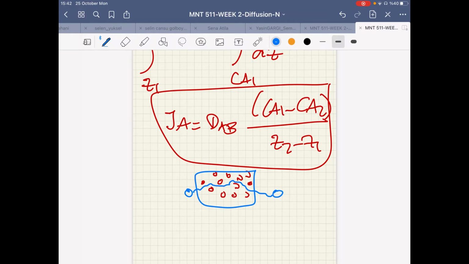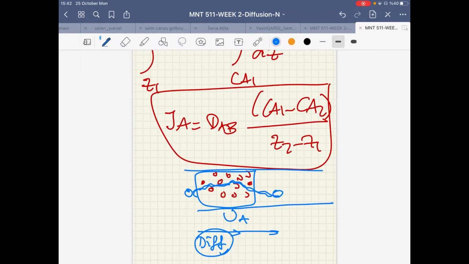But indeed, this has some velocity, so two things are involved in this movement. The first one is the diffusion that we already talked about. So this is diffusing through this. But also, if this is moving as well, then we have to consider that. That's called the bulk movement.